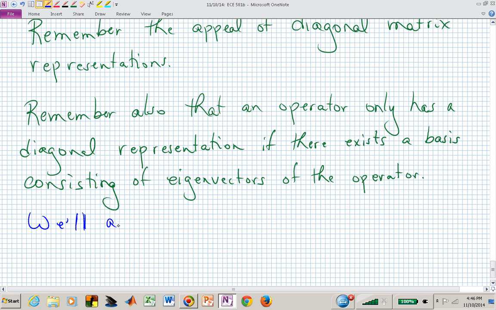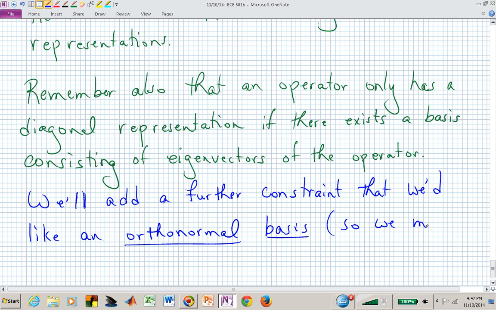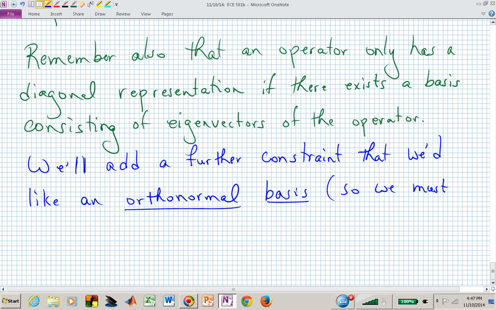So we'll add a further constraint that we like an orthonormal basis, or we must be in an inner product space.